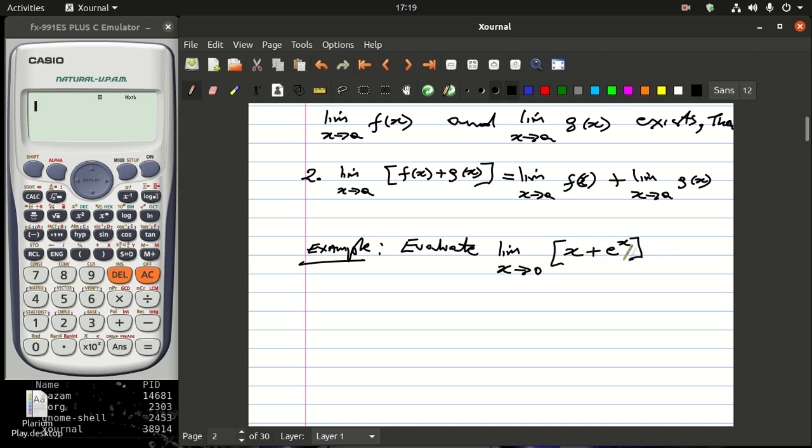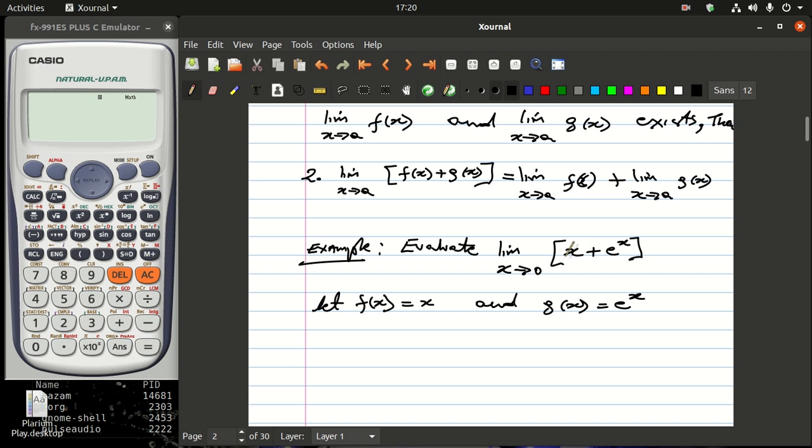I want you to evaluate this particular limit. What this rule is saying is this. First, let f of x equal x and g of x be equal to e to the power x, so that you have two functions.